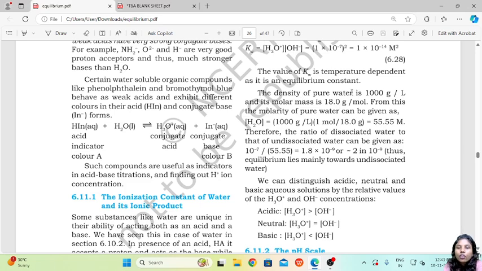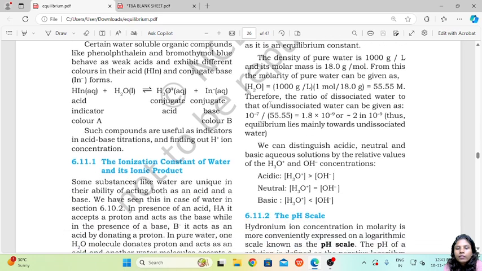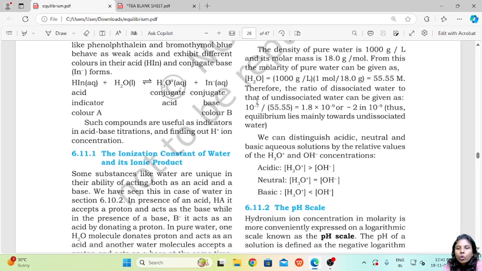The density of pure water is 1000 grams per liter and its molar mass is 18.0 grams per mole. From this, the molarity of pure water can be given as [H2O] equals 1000, that is the density, divided by the molar mass of water. That comes to around 55.55 molar.